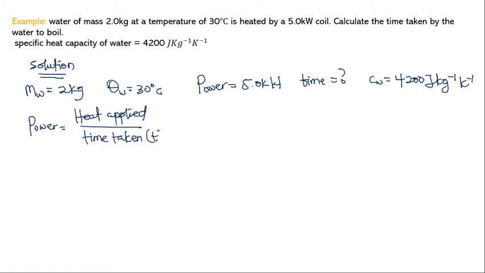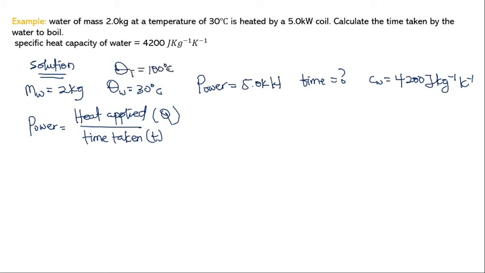So our time is T, our heat is Q. Now that we know the formula of power involves the ratio of the heat applied to the time taken, we need to first of all find our heat applied to boil the water from 30 degrees Celsius to 100 degrees Celsius, because they say the water boils, so it means our final temperature is 100 degrees Celsius.